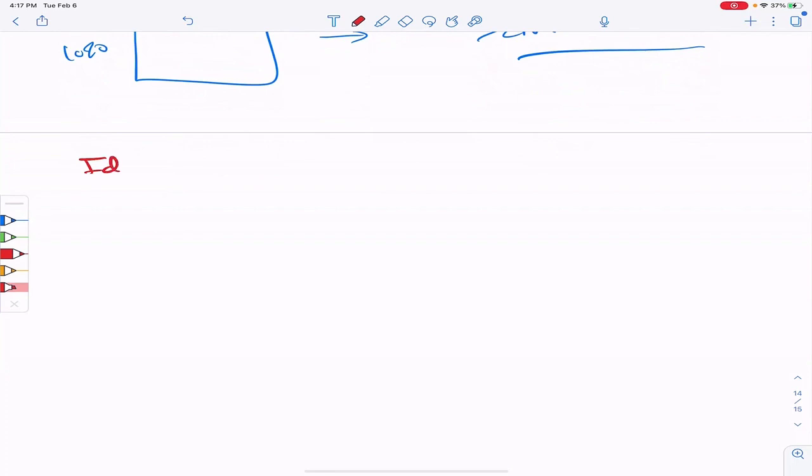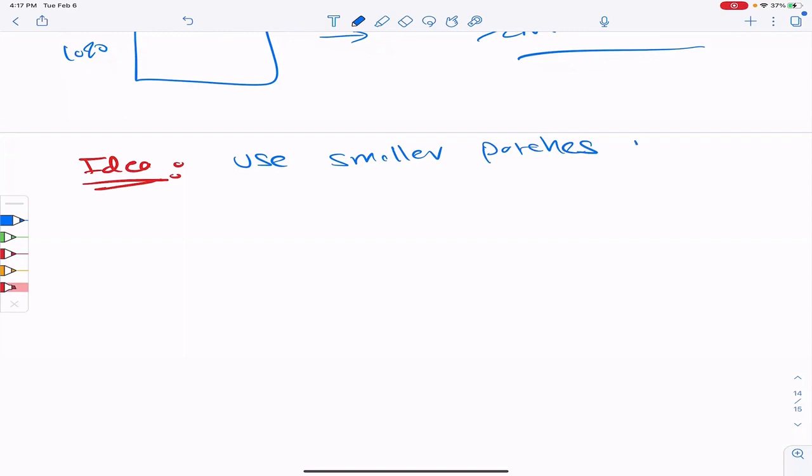So the idea, again: use smaller patches in earlier layers, but try to save computation.